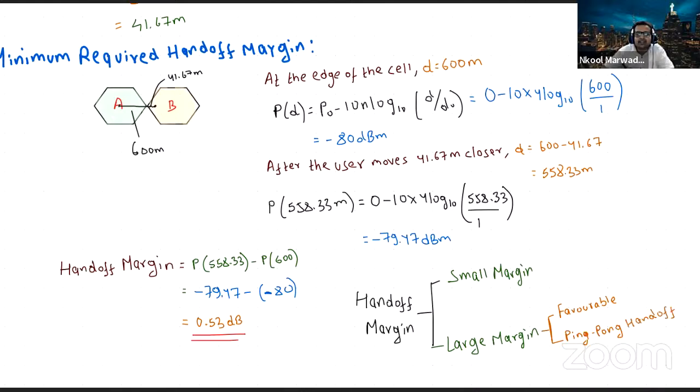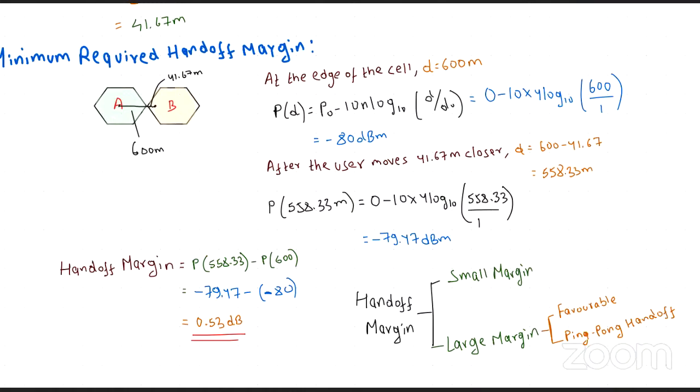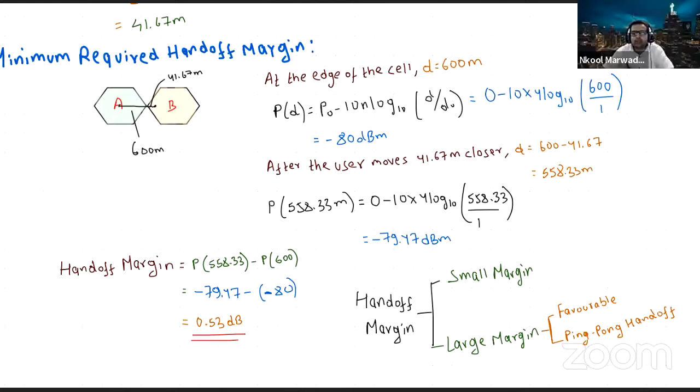Here, if the handoff margin is very high, then very easily the handoff will be initiated. Handoff margin is the difference between the power received from B and A. If that difference increases, it means the mobile station is receiving more powerful signals from B as compared to A. Do you agree with this statement?